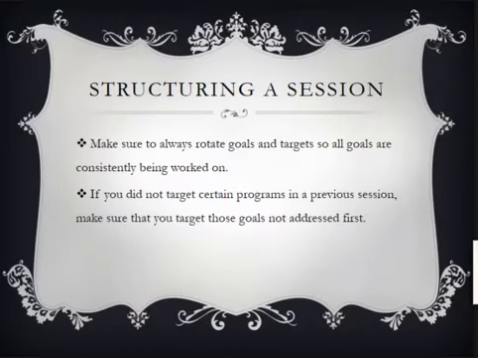Okay, so again, you want to make sure that you're always rotating goals and targets so that all of your goals are being worked on. So if you didn't target something during your Monday session and you're back on Wednesday or Tuesday or whenever your next session is, make sure that you target those goals first. There are goals that you're going to have limited opportunities to target.